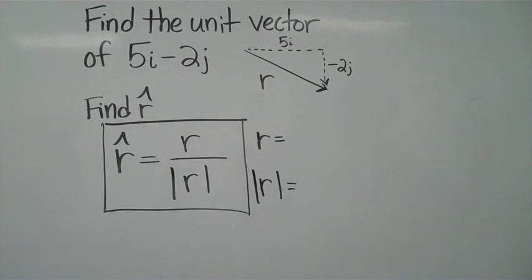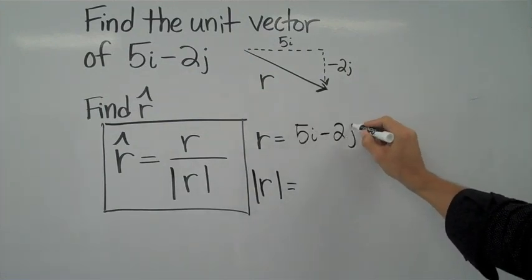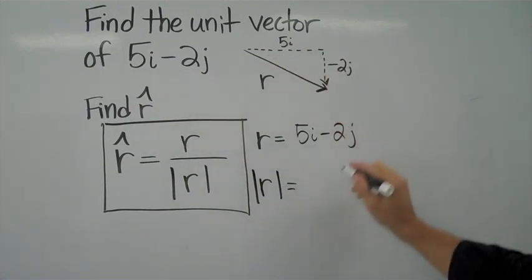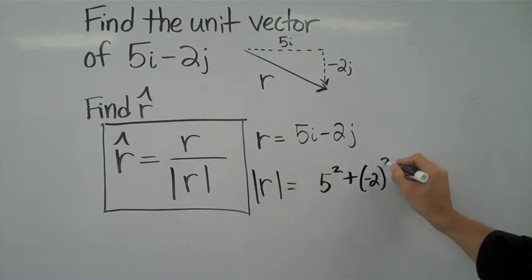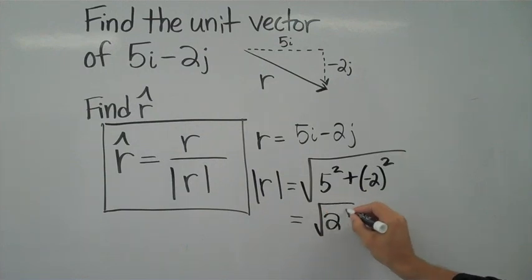Well, the vector r, we can't do anything with that. That's 5i minus 2j. And we know we have to use the Pythagorean theorem to find the magnitude of r, which would be the square root of 5 squared plus negative 2 squared, which turns out to be the square root of 29.